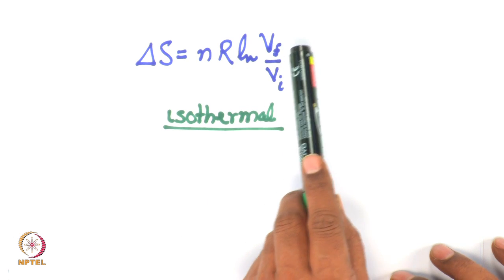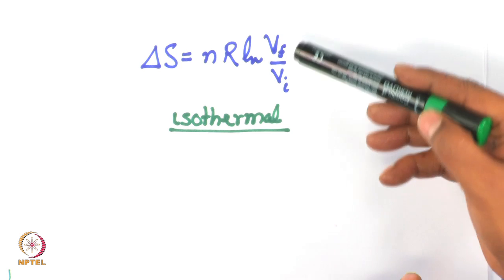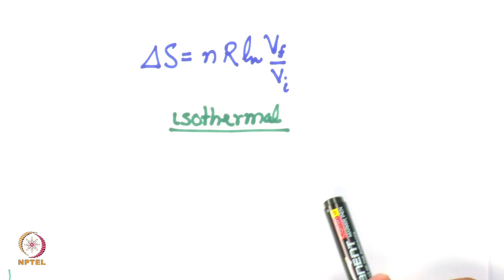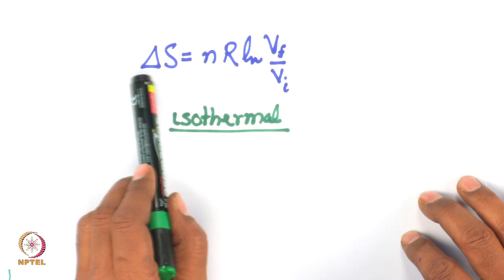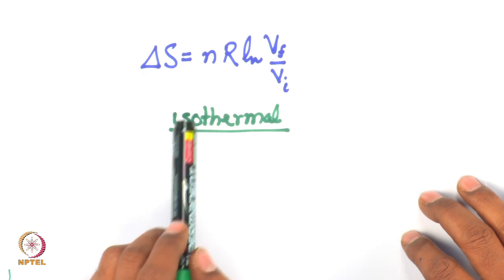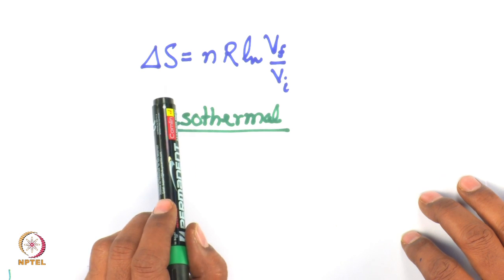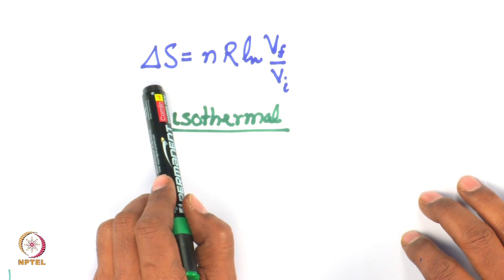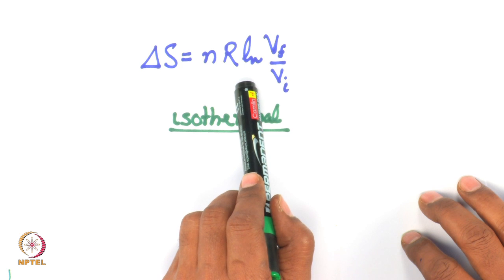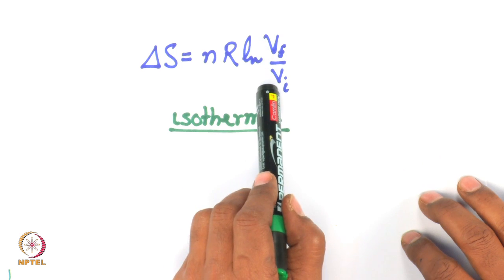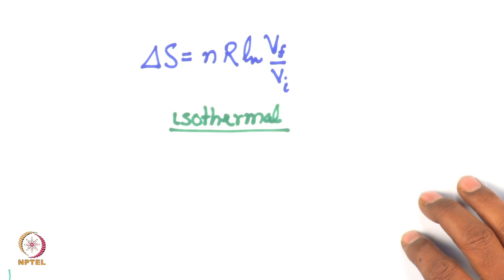And if V final is greater than V initial, as in expansion, the logarithmic term is positive. So, during expansion delta S is positive and entropy will increase. Therefore, according to this equation, the increase in entropy does not depend upon the temperature, but upon the values of V final and V initial.